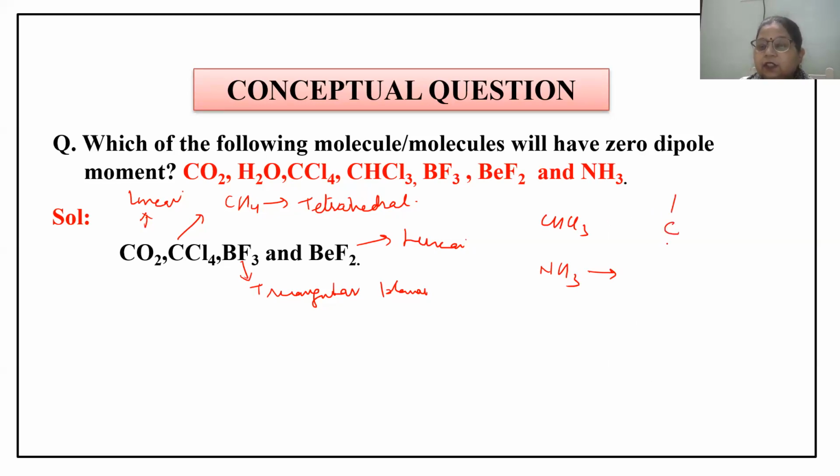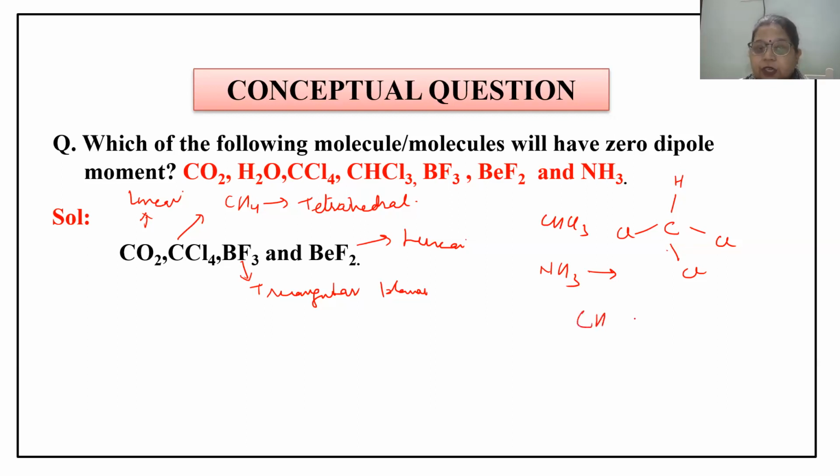In case of CHCl3, the structure is like this. One is a CH bond, the other three are CCl bonds. Two CCl bonds will have a resultant. Similarly, their resultant, if matched with the other CCl bond, will again have a resultant, and that CH bond will not be able to cancel it out.